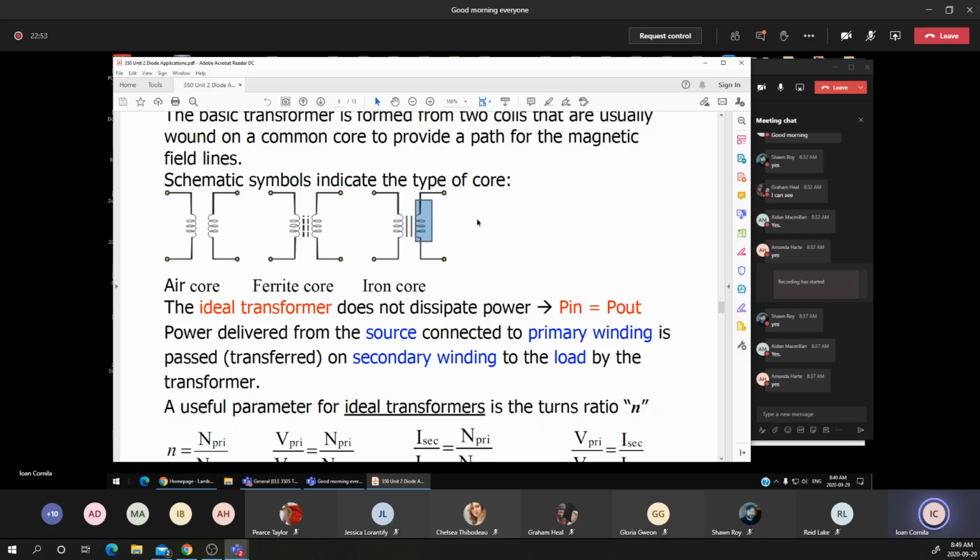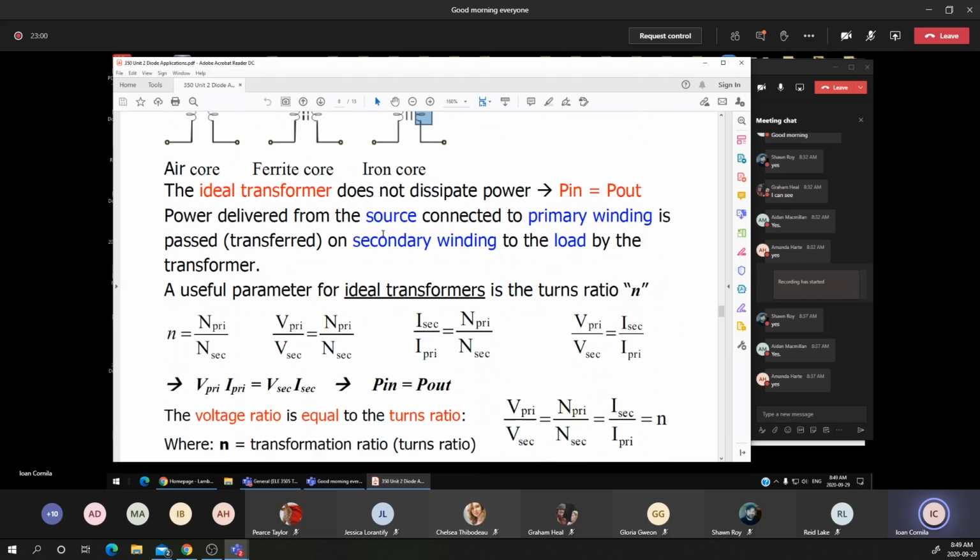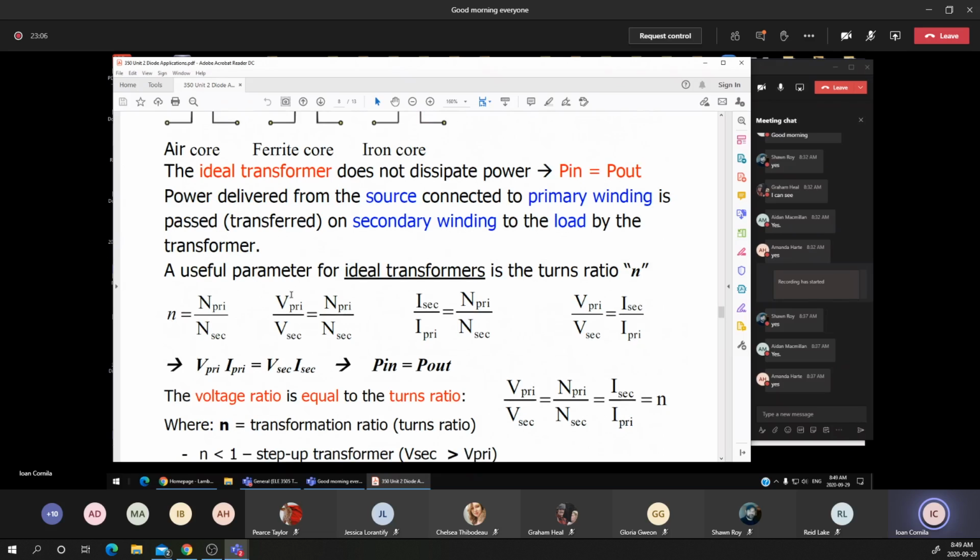Now, in order to use the transformer ratio, I mentioned that one of the most used parameters is the ratio of the number of turns in the primary winding. You notice that PRI is used for the primary winding, and SEC is short for the secondary winding.